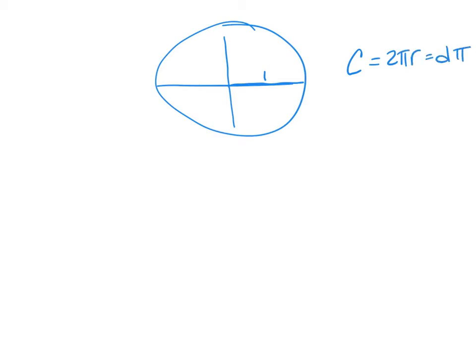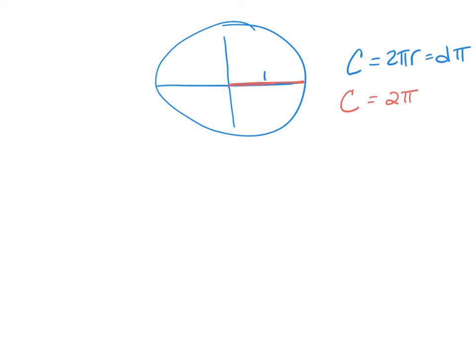So if the radius of a unit circle is 1, what is the diameter? It's 2. Yeah, the diameter is twice that much. So the circumference of a unit circle is 2 pi.